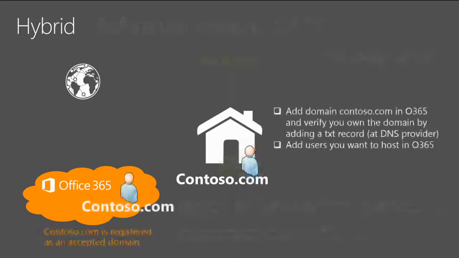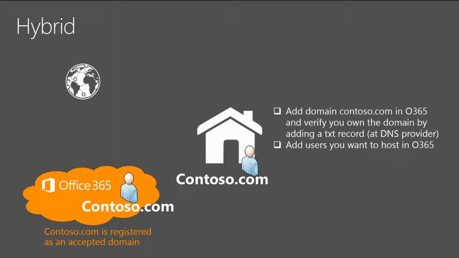However, Contoso.com, like a lot of organizations, has decided to take one step in the direction of the cloud. The first thing that Contoso.com is going to do is register their domain as an accepted domain in the cloud. What that tells us is that you own your domain. You have to verify your domain before you can register it.